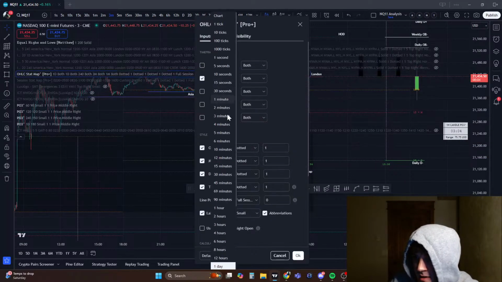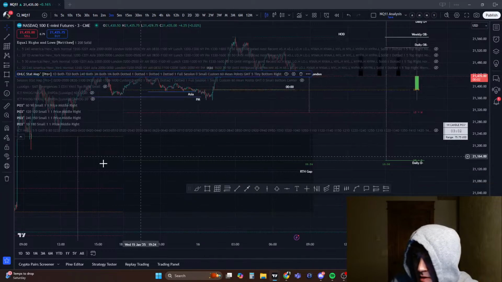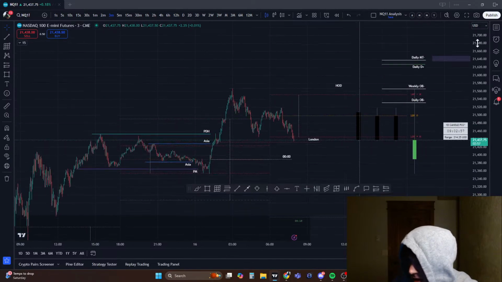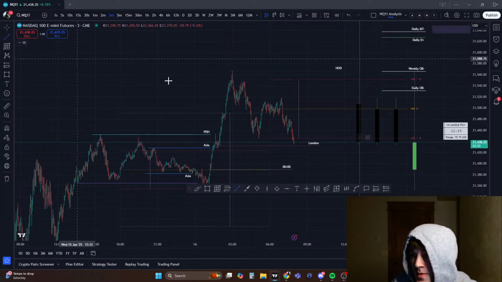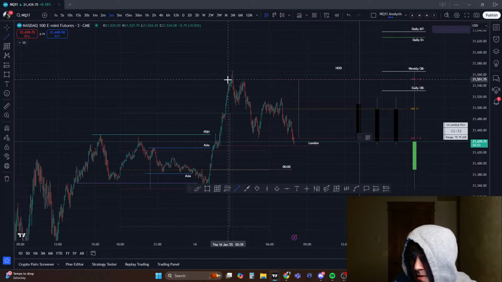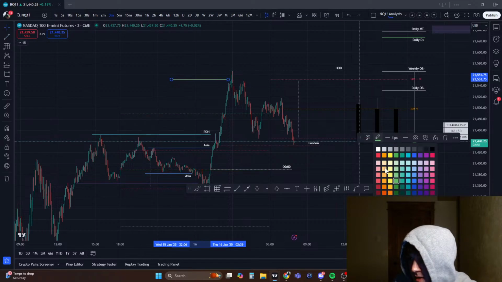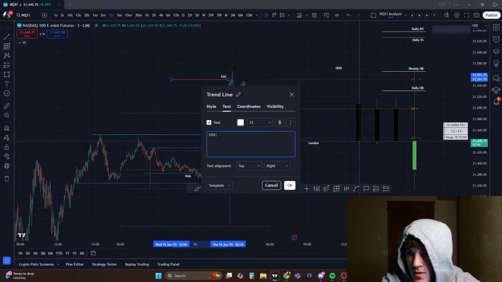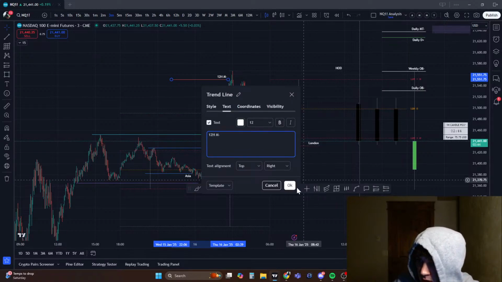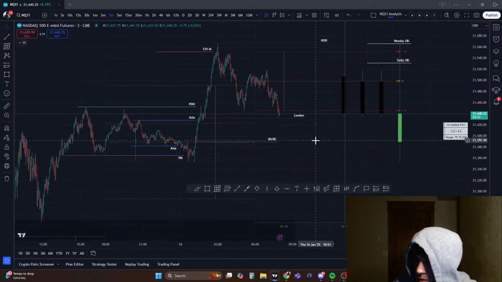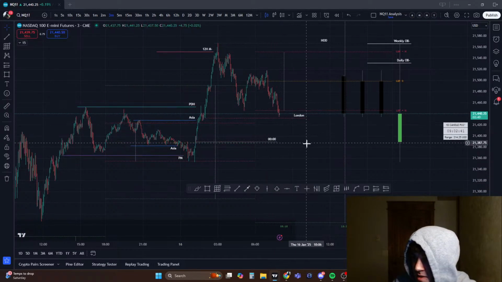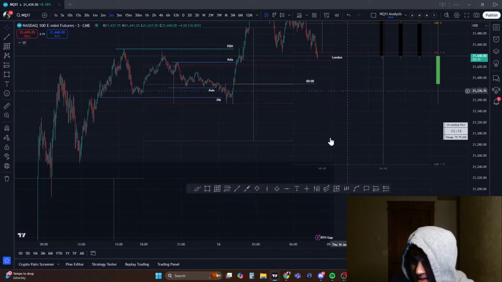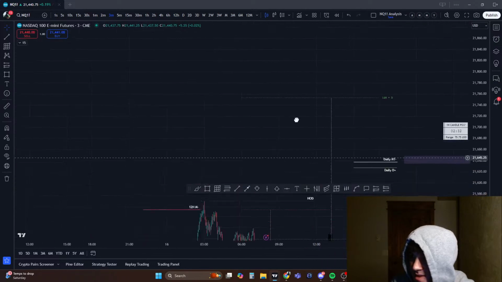Let's look at our 12-hour one. All right, here we go. Now we're talking. The 12-hour manipulation stat map was hit perfectly. So let's mark that out here. But we're also going into the 12-hour manipulation level right here. I don't know. It's not super clear.